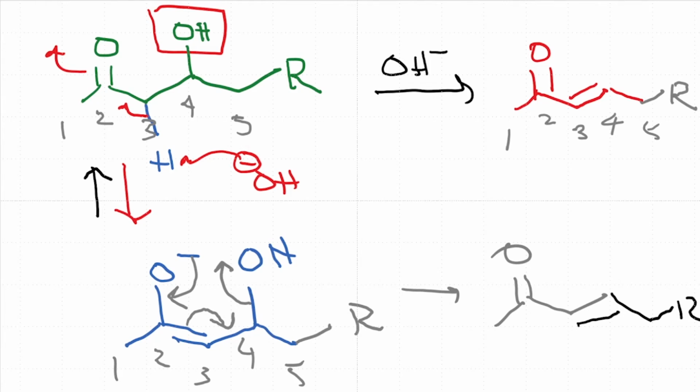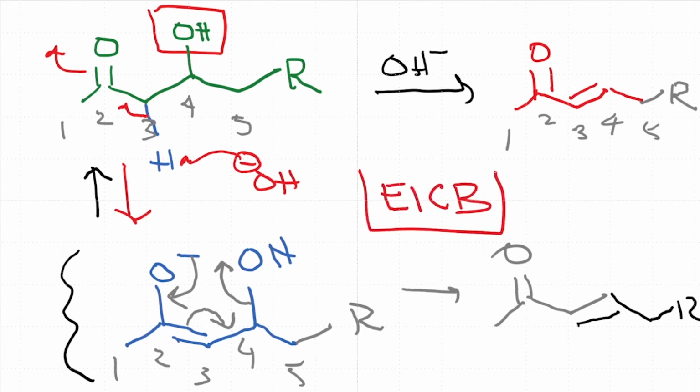So if you figure out the kinetics here, this is a first order reaction and not a second order reaction. And the second part of this is that this compound here is actually the conjugate base of the starting material. So therefore, this mechanism is called E1 conjugate base, or E1CB.